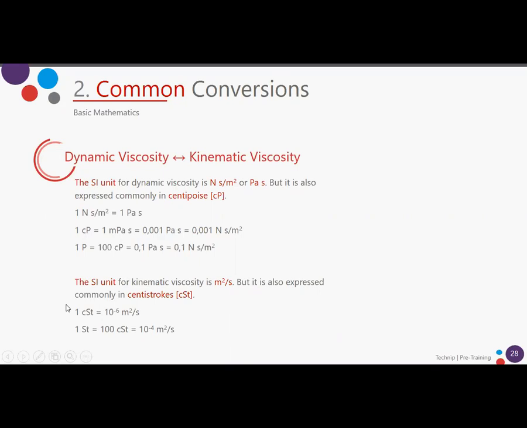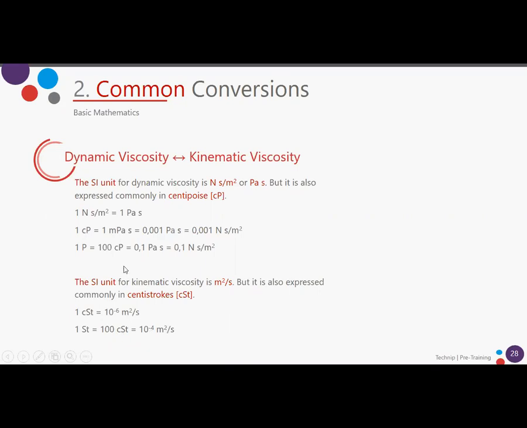We have something similar for the kinematic viscosity. The SI unit for kinematic viscosity is square meters per second, but it is also commonly expressed in centistokes. So 1 centistoke is 10 to the power of -6 square meters per second, and 1 stoke is 100 centistokes, or 10 to the power of -4 square meters per second.